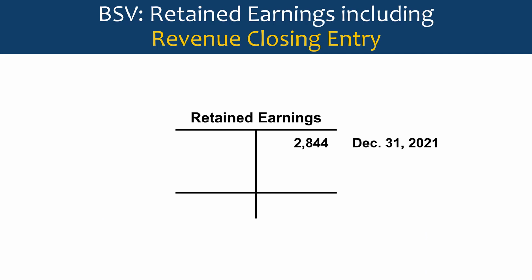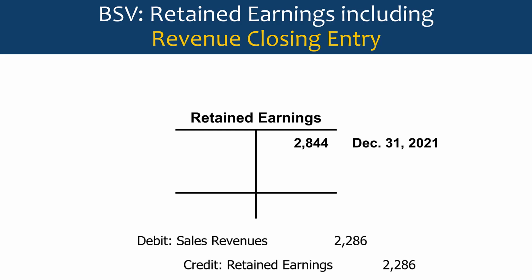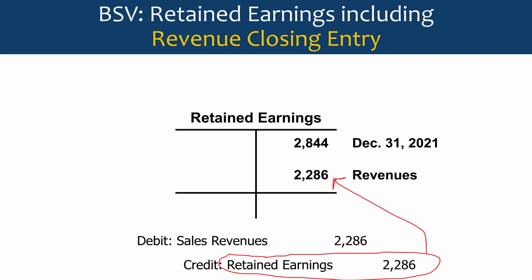Since we have a credit in our closing entry to retained earnings, we put that credit amount on the right side of the T account for retained earnings. So we see at the bottom there, I put that closing entry that we just did. It's just a copy of the entry that we just did. That credit to retained earnings that we just had to close sales revenues goes on the credit side of retained earnings.